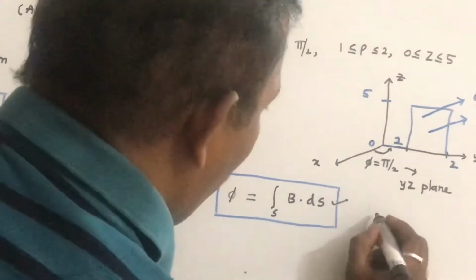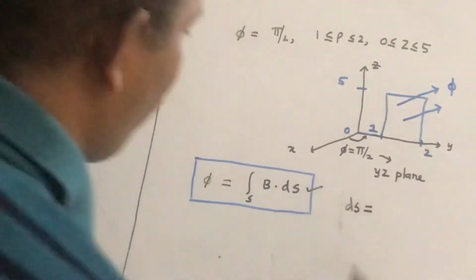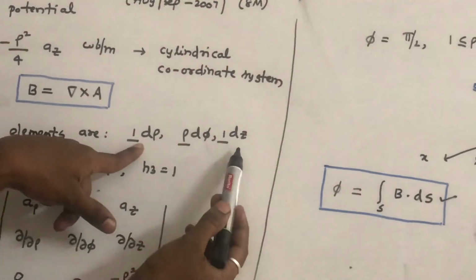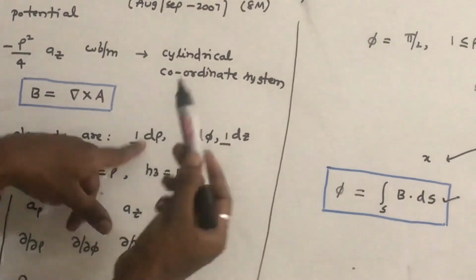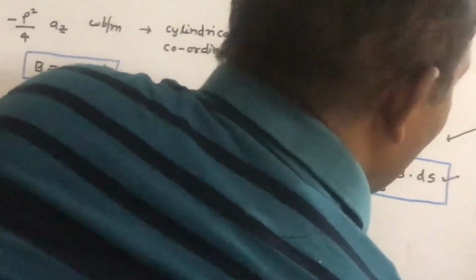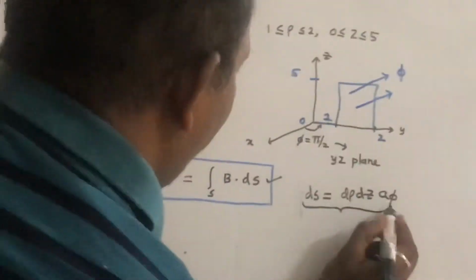So in cylindrical coordinate system, ds in this problem is d rho dz a phi. This is a very important term to take.